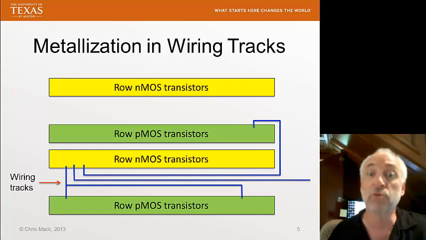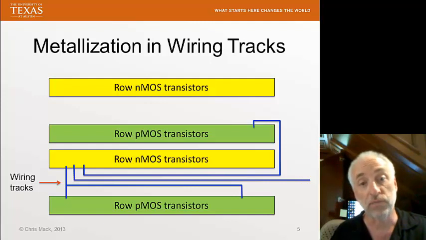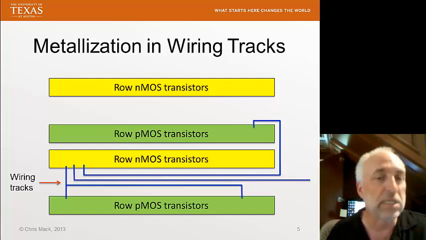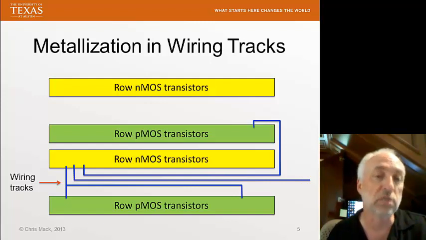The more wiring tracks we used, the more area that we used up in our circuit just for the wiring. So we were consuming silicon area not because we were building transistors on that silicon, but we just needed the space to run the wires. So it became to occupy more and more space, consume more and more of the real estate of our chip.